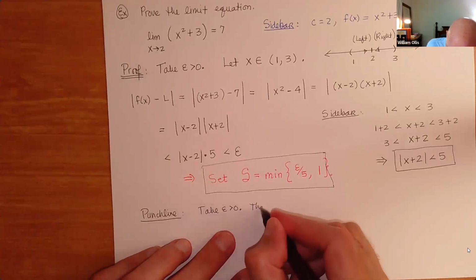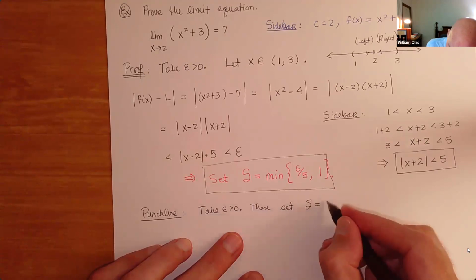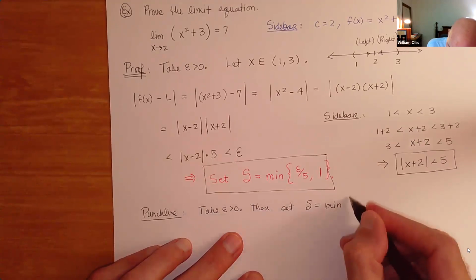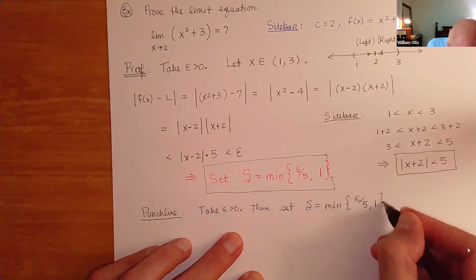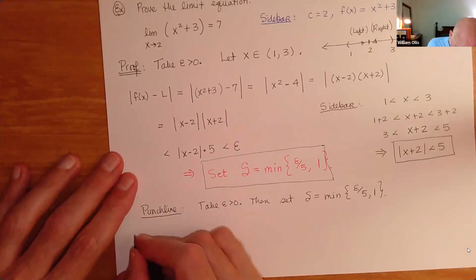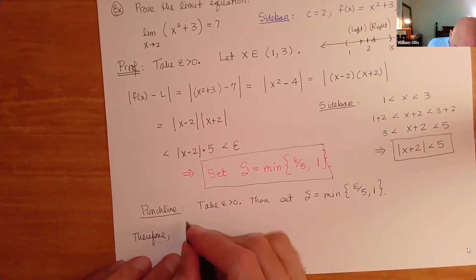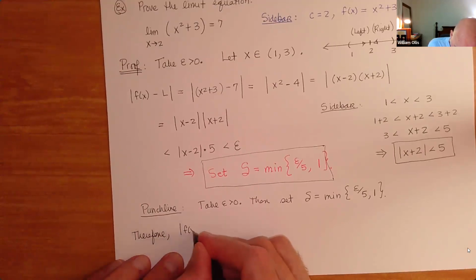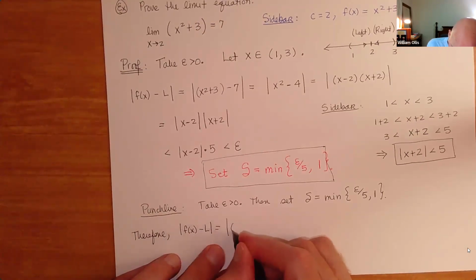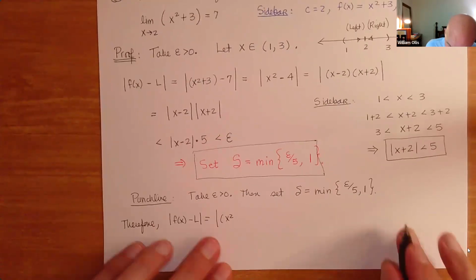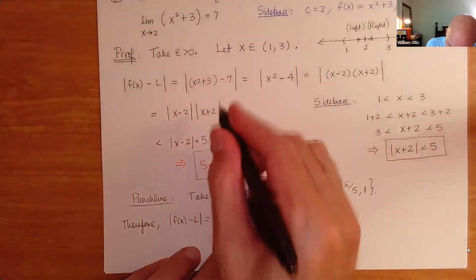Then set delta equal to the minimum of epsilon over 5, 1. Therefore, f of x minus L equals x squared plus 3 minus 7. So just kind of skip to the punchline.